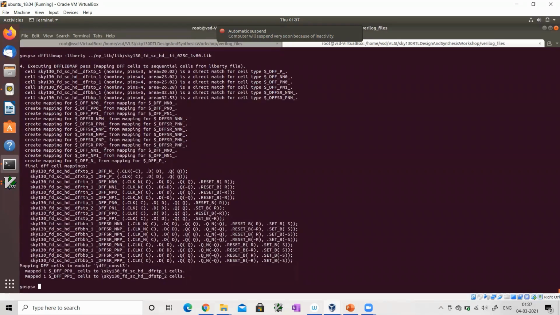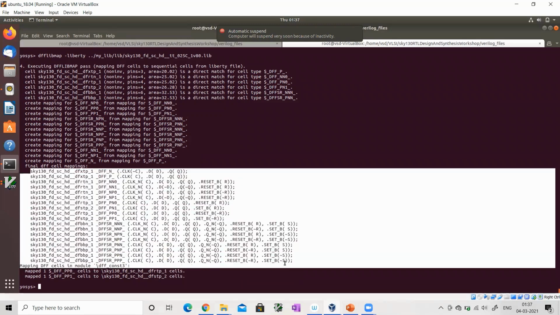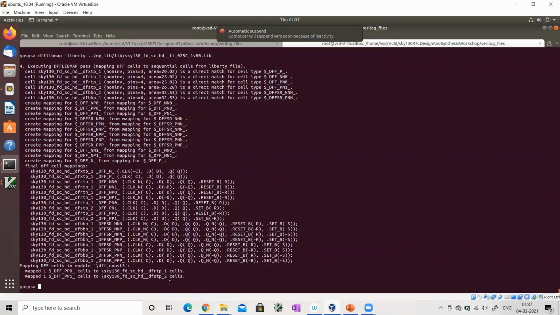As expected, it has read all the DFF cells. These are the available 20 or so flops. And then we can say abc -liberty ./mylib.lib.